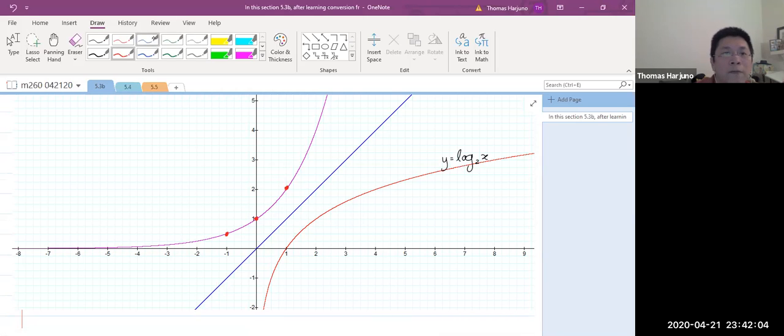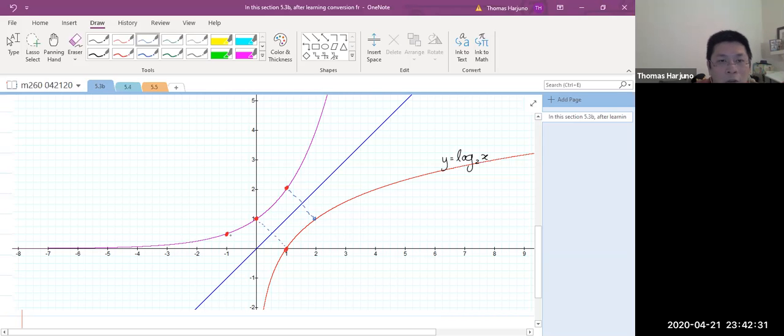When we reflect them with respect to this line, the y-intercept becomes the x-intercept, right? You have to memorize this though, okay? And then (1, b), (1, 2) in this case, being reflected becomes (2, 1).